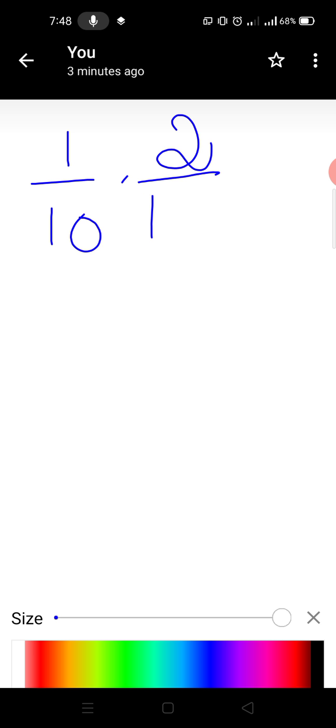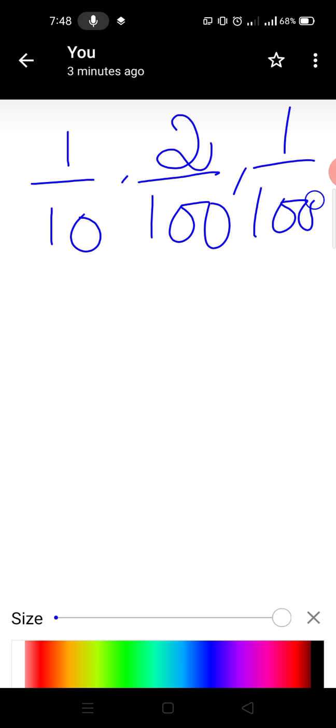Already we know the fractions. A fraction has two parts, numerator and denominator. So if a fraction has a denominator of 10, 100, 1000, for example 1 by 10, 2 by 100, 1 by 1000, 5 by 10,000, like this.